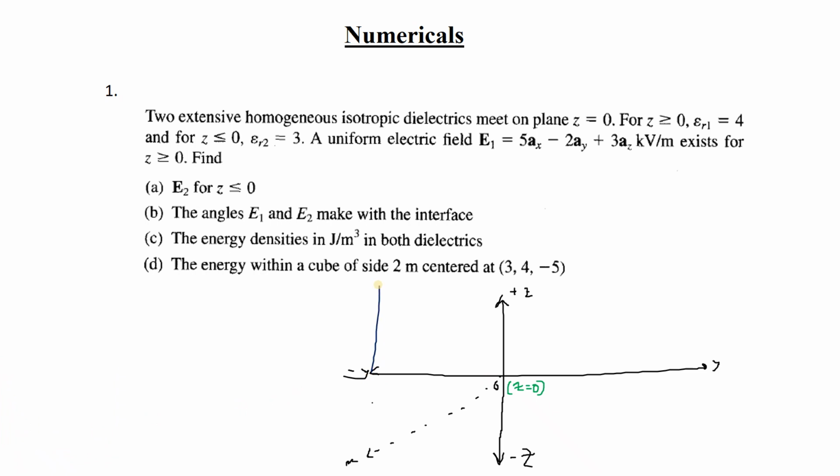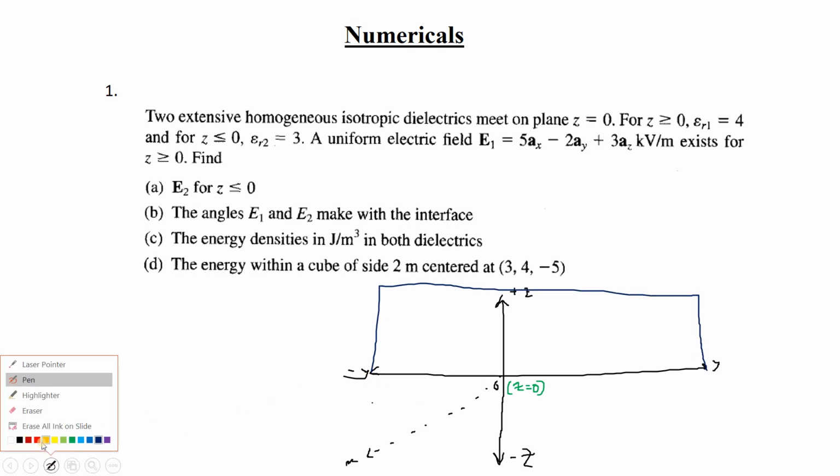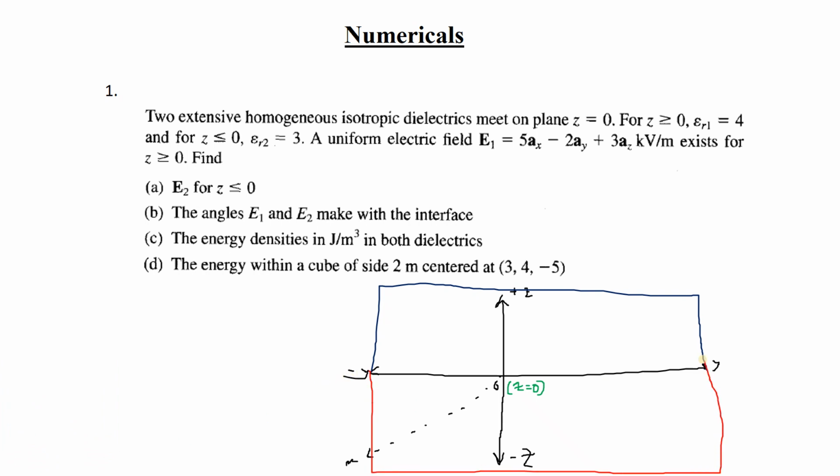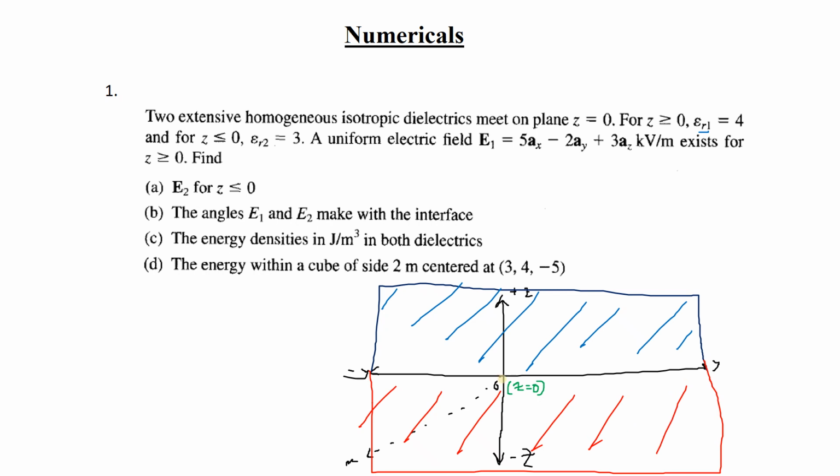So there are two mediums, medium number 1 and medium number 2, both of dielectric. The upper one is medium 1, having a permittivity of, suppose, epsilon r1. The lower one is also a medium.